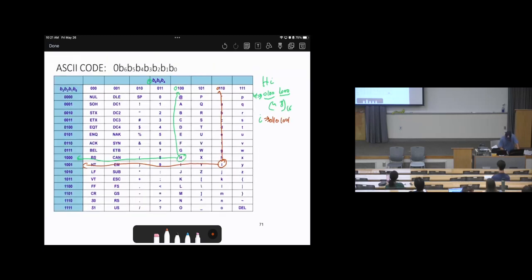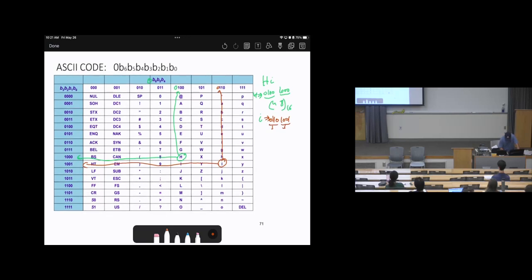So you need to convert this. If you need to convert this to hexa, this will be equivalent to 6, and here is 1 plus 8, this will be 9. So as a result, the word HI will be stored as 4869 in the computer as hexa.